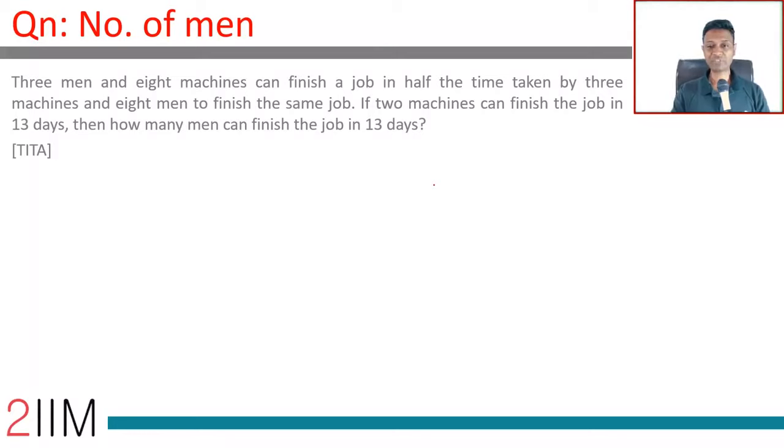3 men and 8 machines can finish the job in half the time taken by 3 machines and 8 men. So I'm going to call machines as robos, so the variable becomes simple. 3 men and 8 robos is twice as efficient as 3 robos and 8 men.